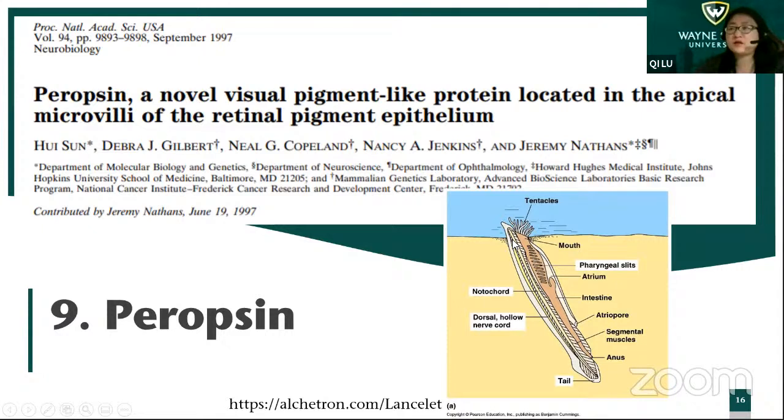It seems that there's no brain, but actually at one end of the spine, they still show some very simple structure that can be determined.